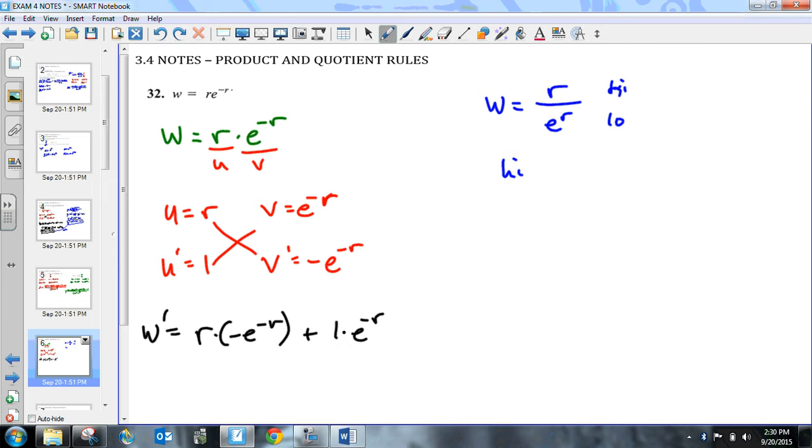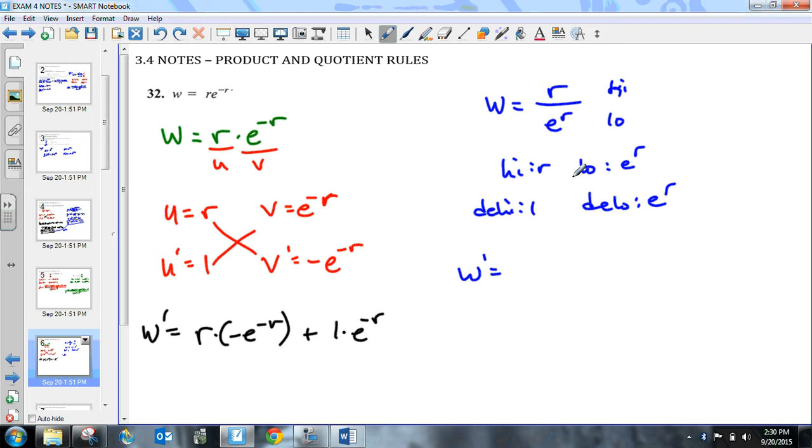Let me write this out: high, low, d high, d low. My high function is r. The derivative of my high function is just 1. Low is e to the r, and d low is just e to the r. If I wanted to find w prime, I would end up getting this.